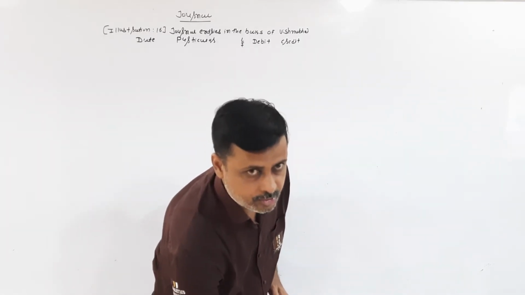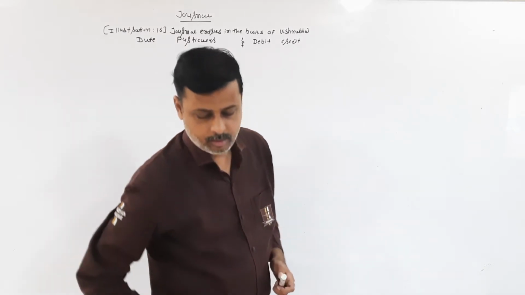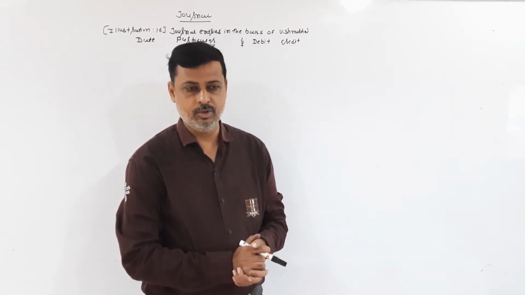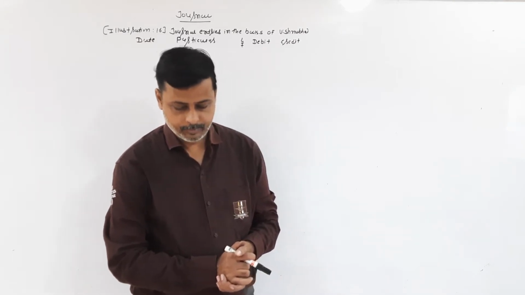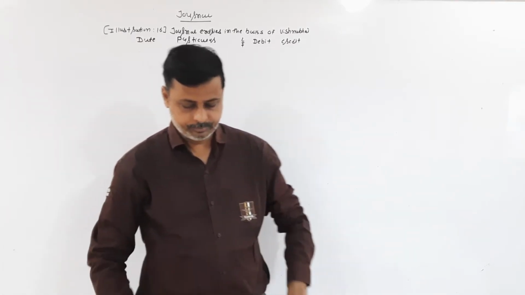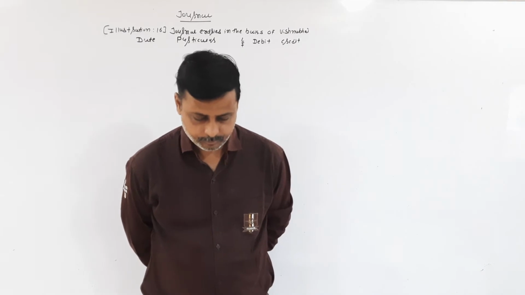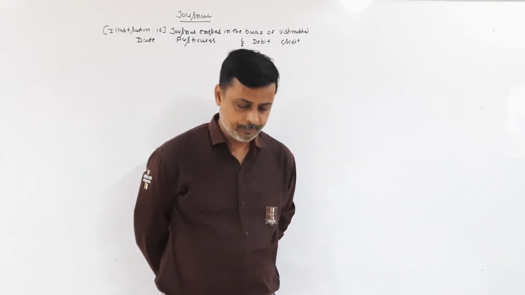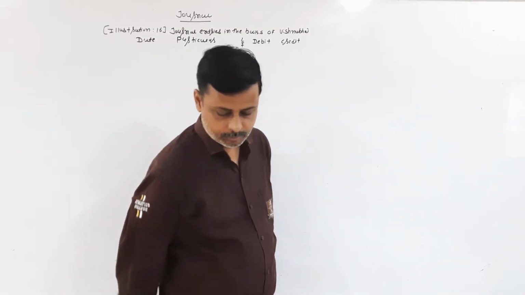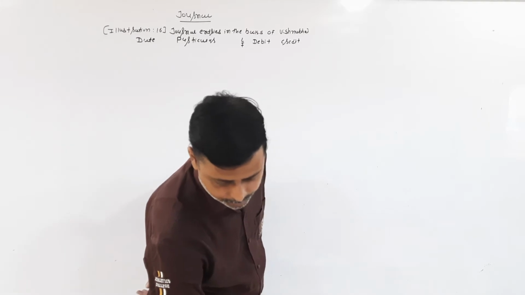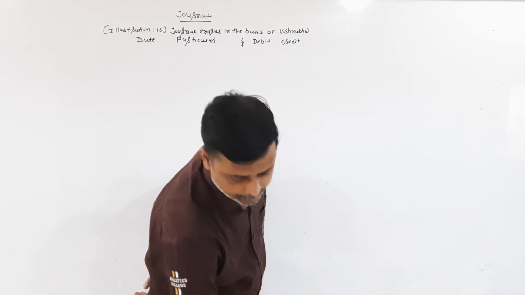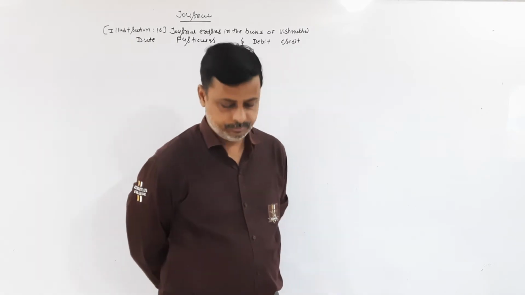Now the transactions. 2019, January 1st. Goods of 20,000 purchased at 10% trade discount from Jayeshbhai of Jamnagar and payment made by check.